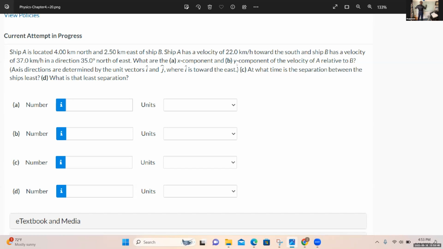So basically, I'm going to call it XA, and its coordinates are 2.5 kilometers x and 4.0 kilometers y. And the position for this one, I conveniently placed at 0, 0. Right.